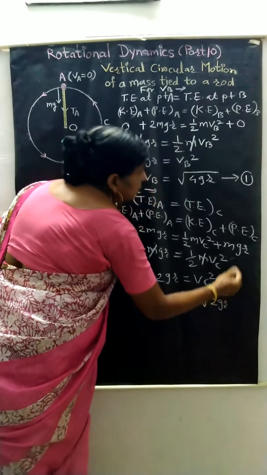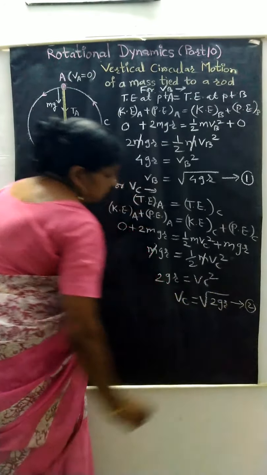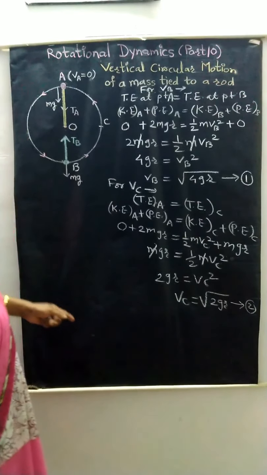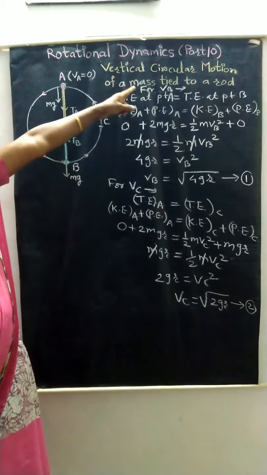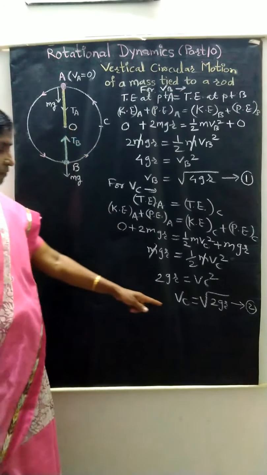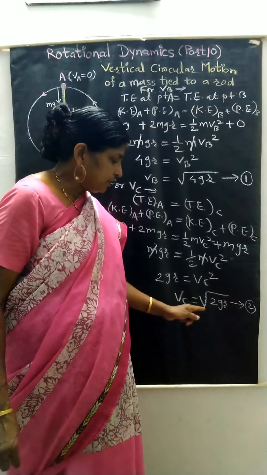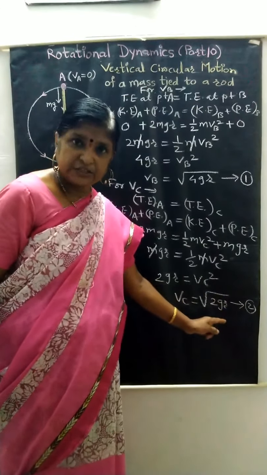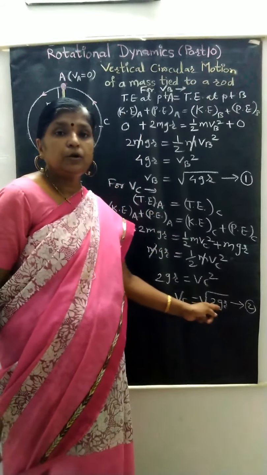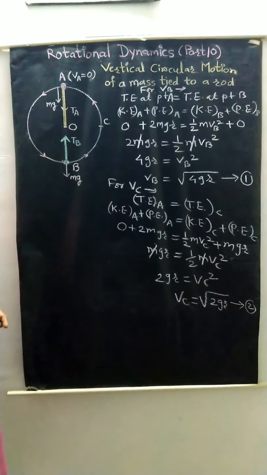This is another important equation for velocity at midpoint in case of the mass tied to a rod. In case of string, Vc was calculated as under root of 3gr, but in the present case it is under root 2gr.